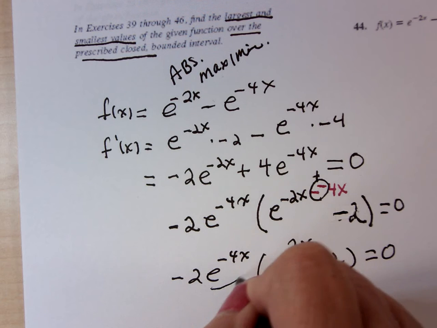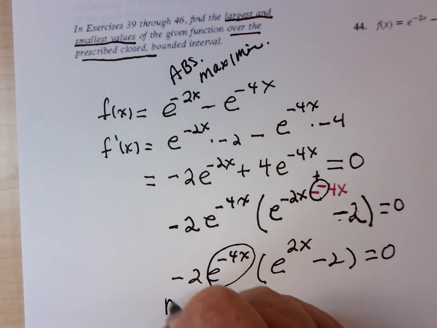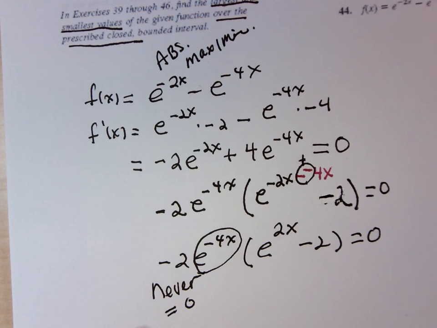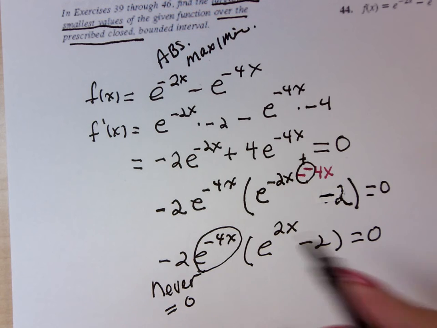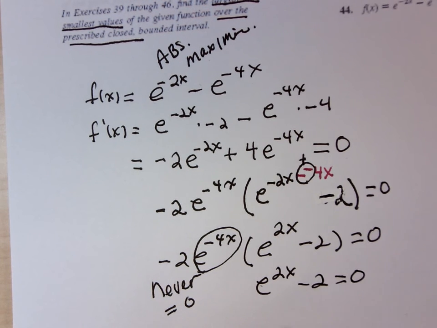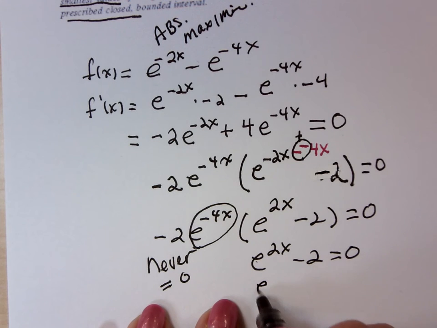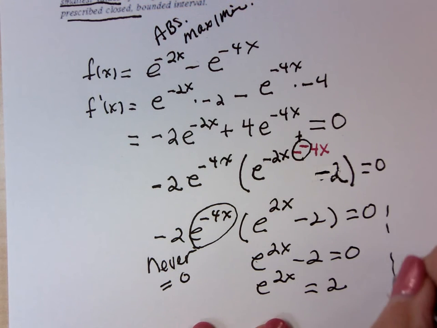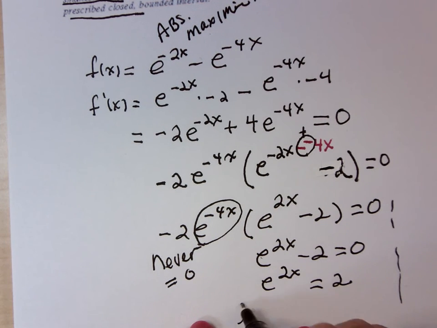Now, e to the minus 4x is never equal to 0. Ever. That means that e to the 2x minus 2 equals 0. E to the 2x equals 2. Now what? There you go. Take the natural log of both sides.